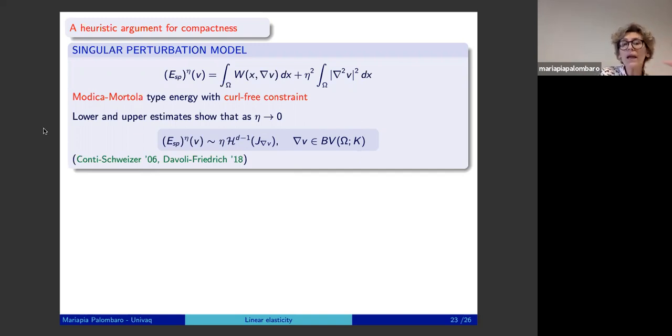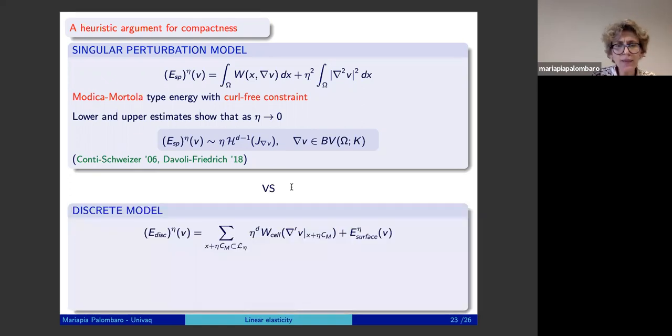So one can prove that this energy goes like approximately eta times the H^{d-1} measure of the jump set of the limiting deformation gradient. This has been proved by Conti, Schweizer, and Friedrich in the case of two wells, with a rigorous analysis. But this scaling can be proved also for more than two wells.